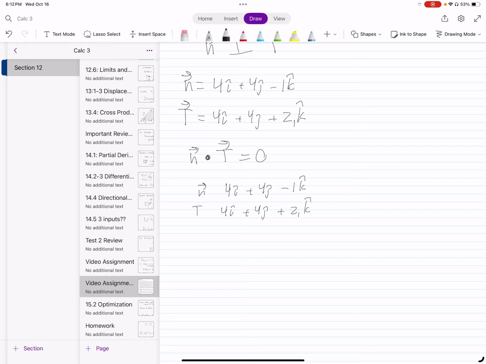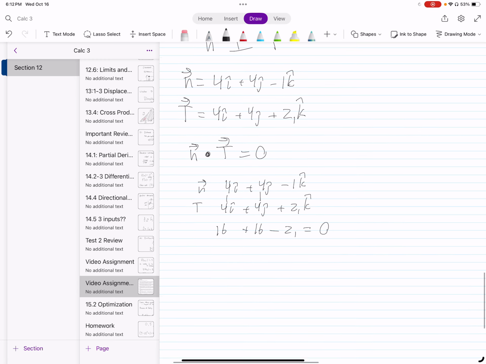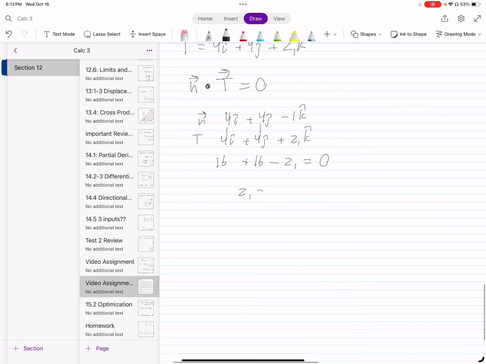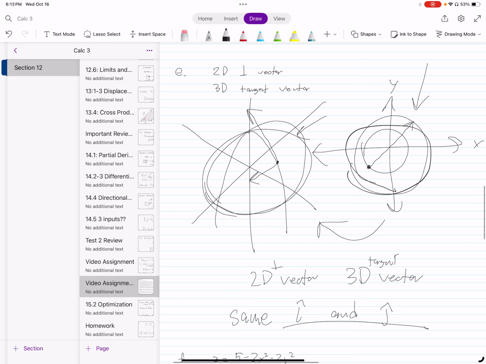This is t. To do the dot product, just multiply downwards. So we get 16 here plus 16 here minus z1 here. And we know that must equal 0. So, solving for this equation, z1 is equal to 32, and we get that the vector t is equal to 4i plus 4j plus 32k, which looks about right because it's skyrocketing upwards right here.